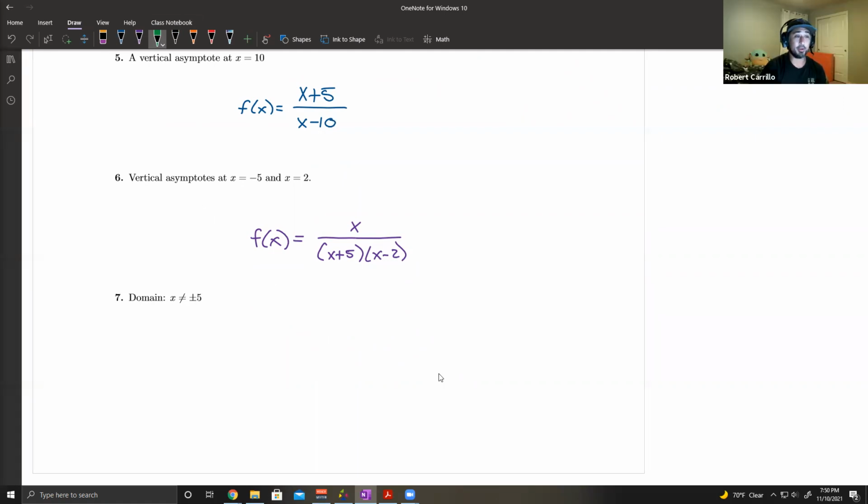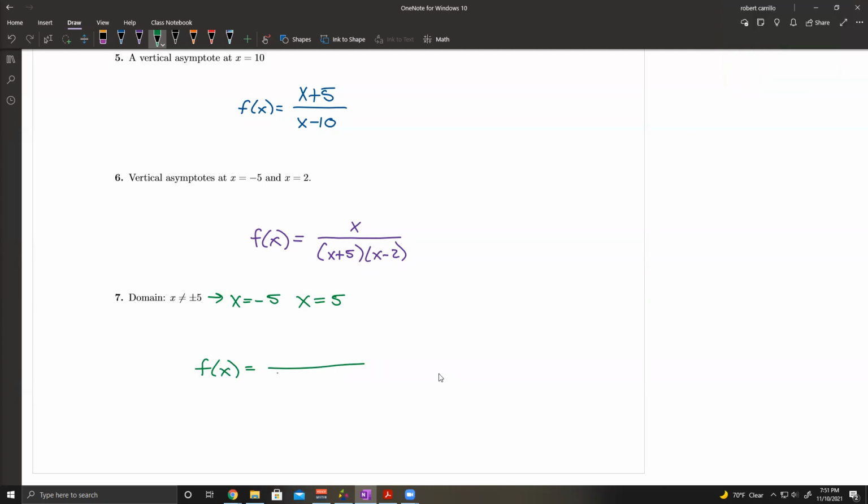Number 7. You have the domain: x cannot equal plus or minus 5. They're already giving us those steps. So they're saying x equals -5 and x equals +5. What would the denominator of my rational function look like? X plus 5 and x minus 5.